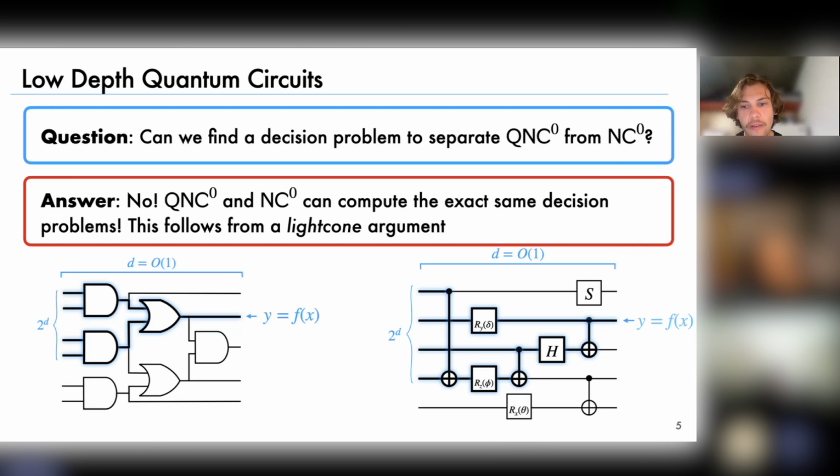Well, the single qubit gates aren't really going to grow our light cone, so every time we hit a C0, we're going to at most double the number of wires in our light cone as we go backwards through the circuit. And so at the very end, we're going to again be left with just some constant number, 2 to the d, many inputs at most that could have possibly affected our output. And so by this reasoning, the set of functions computable in these classes is the exact same.